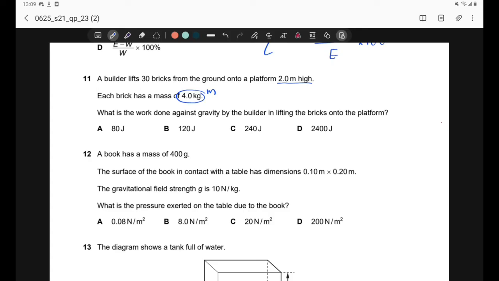So here we can use the equation of work done, that is equal to force times distance. Here force is nothing but the weight of the 30 bricks times the distance travelled by the bricks. So weight is nothing but mass times gravitational field strength.